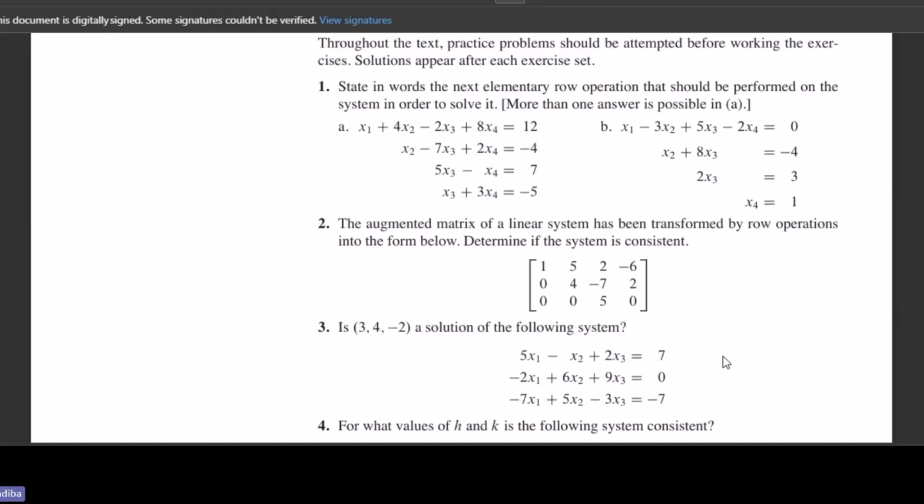Minus 2x1 plus 6x2 plus 9x3 equals 0. Minus 7x1 plus 5x2 minus 3x3 equals minus 7. Is 3, 4, minus 2 a solution of this system?